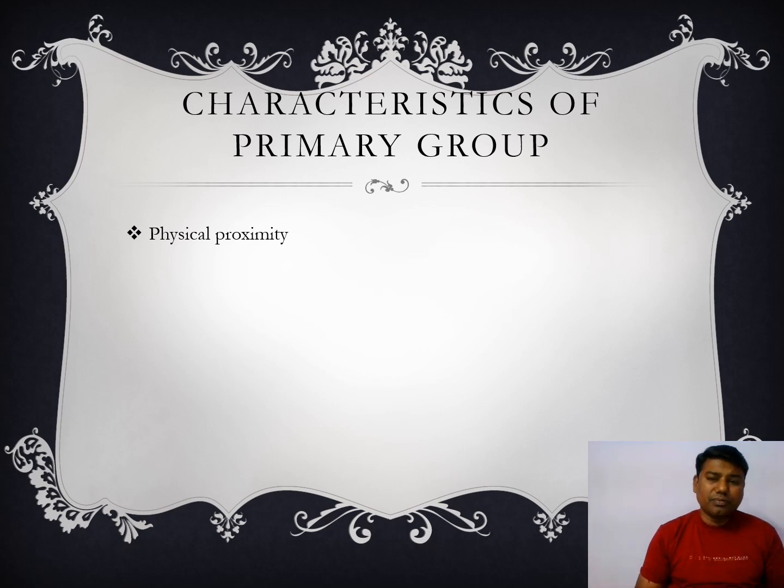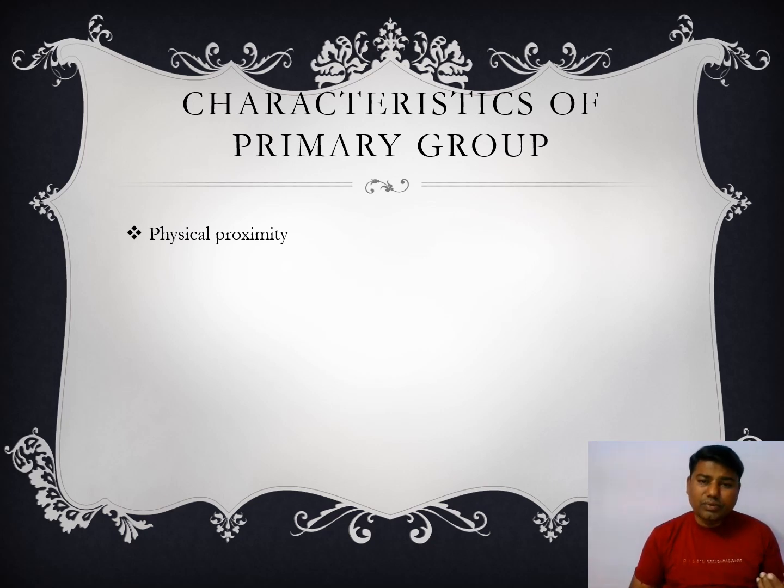In a primary group, the members become very close to one another. They are the members who very frequently meet and express themselves in front of one another. In order that the relations of the people may be close, it is necessary that their contacts also be close.